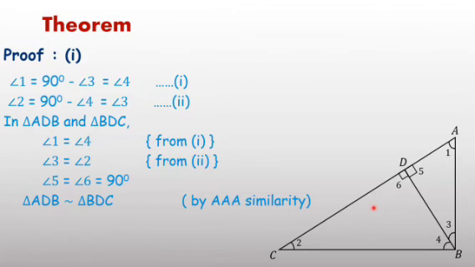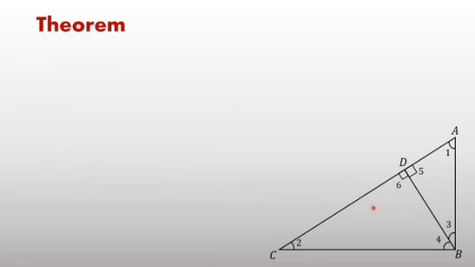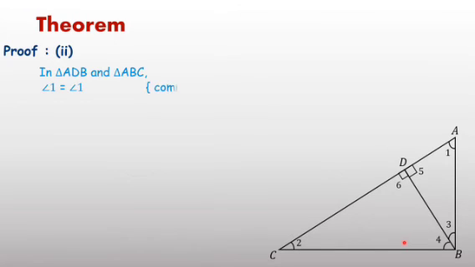Then in the next part you have to prove second, triangle ADB similar to the whole triangle ABC. First, in ADB, the smaller triangle, and ABC, the whole triangle, angle 1 is common.